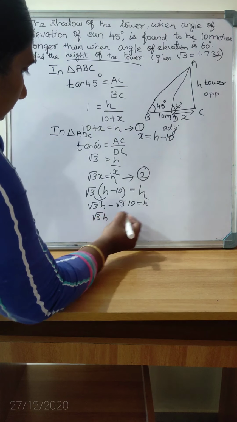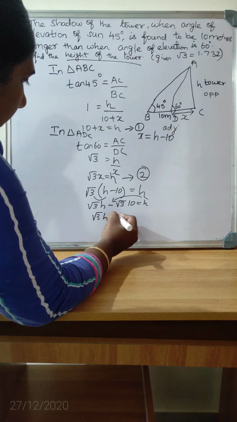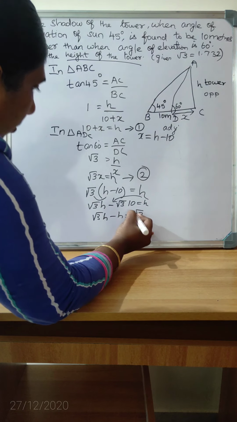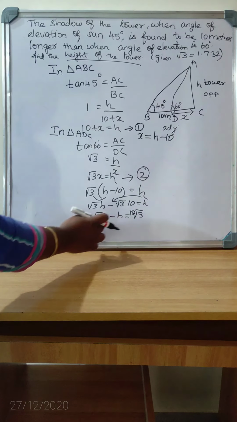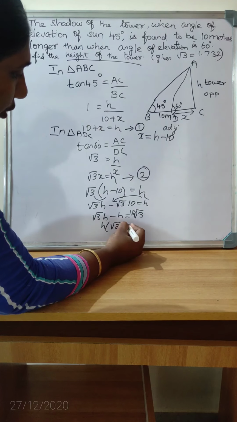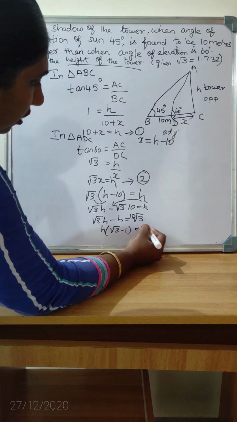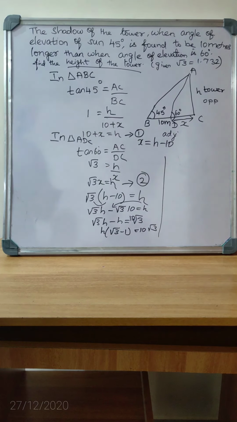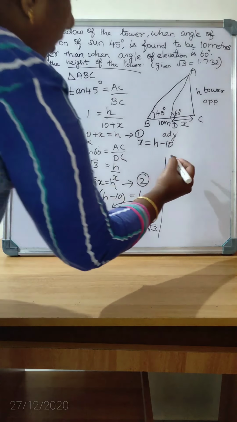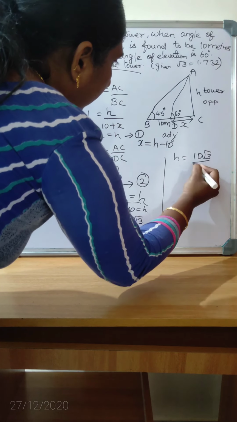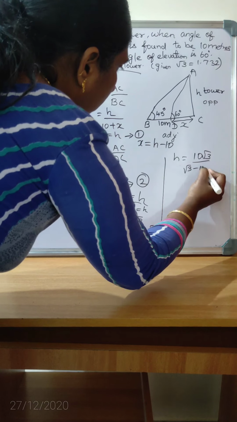So root 3 h, I am bringing this side: 10 root 3. In this I am going to take h as common. So I will have h times root 3 minus 1 equals 10 root 3. Now h equals 10 root 3 divided by root 3 minus 1.